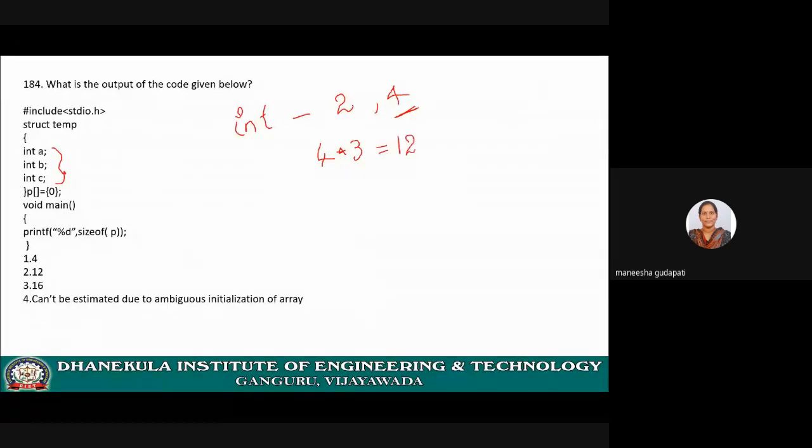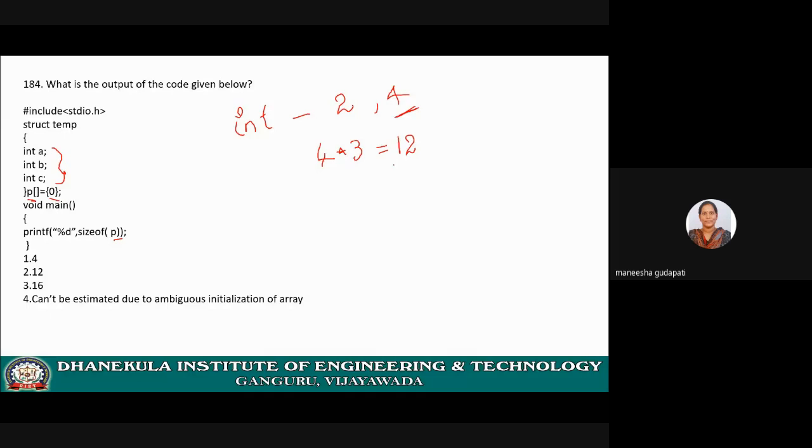Each structure variable will occupy 12 bytes, even though we have initialized the p array to 0. We are initializing values to 0, but the compiler will still allocate memory space for this particular p.